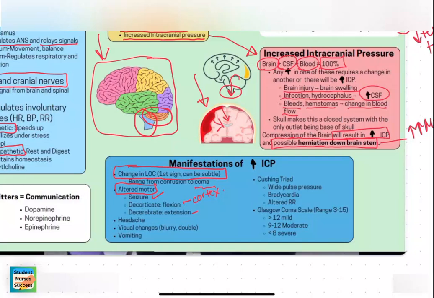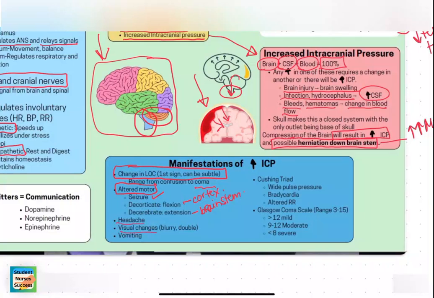Decerebrate posturing is really showing damage to the cerebellum and the brainstem. So it's much more problematic. This altered motor, again, is from the squishing of the brain, from the increased intracranial pressure, and it pushes on the motor centers.